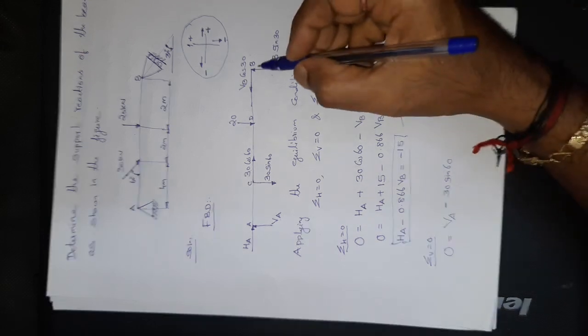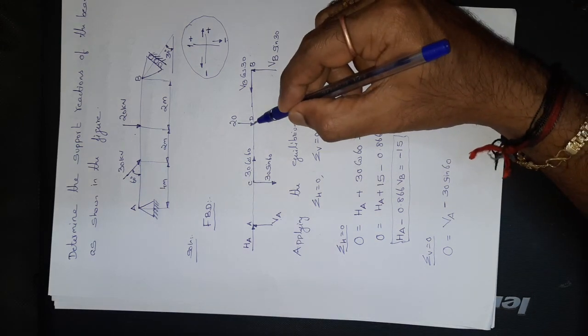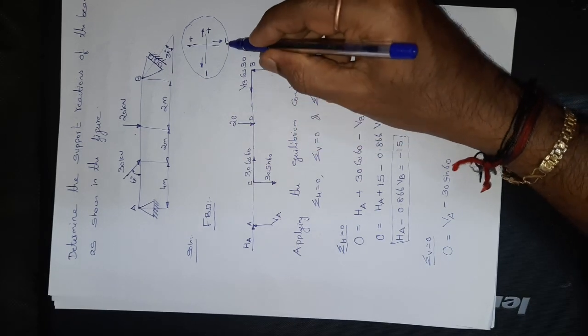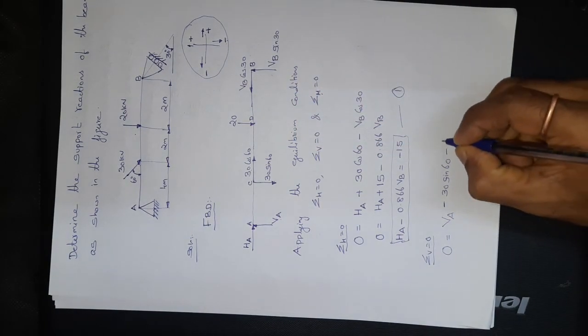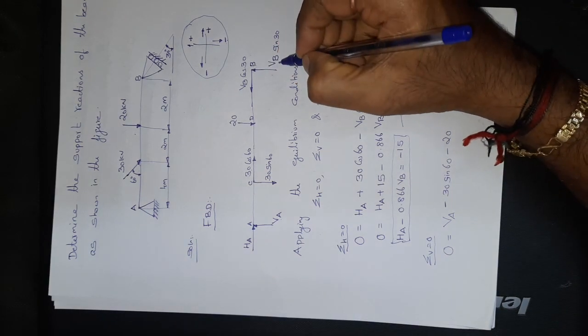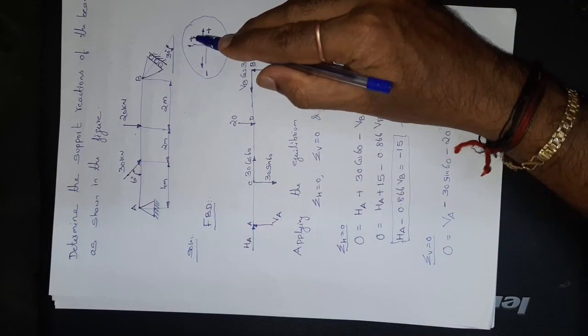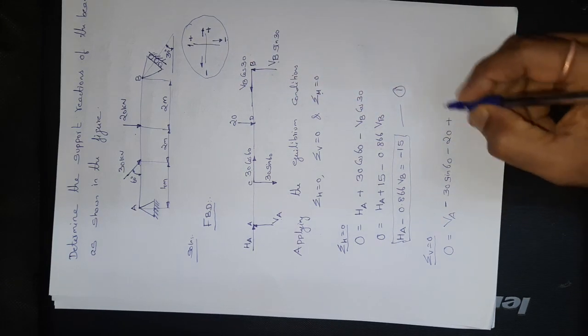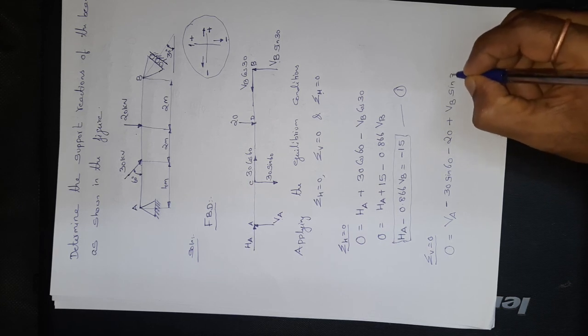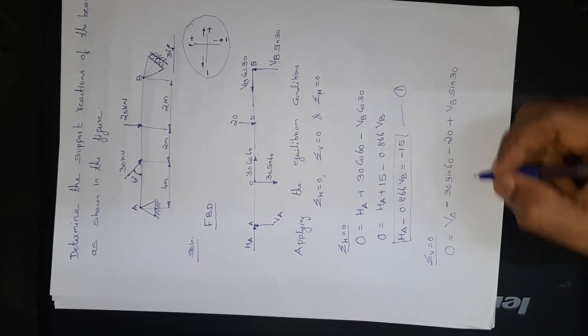Right. So let me just move to D, wherein I have a force which is acting vertically downwards. Vertical downwards means negative sign. Again minus 20. Let me just move to B, wherein a force which is acting vertically upwards, which will carry positive sign. So plus VB sine 30. Got it?